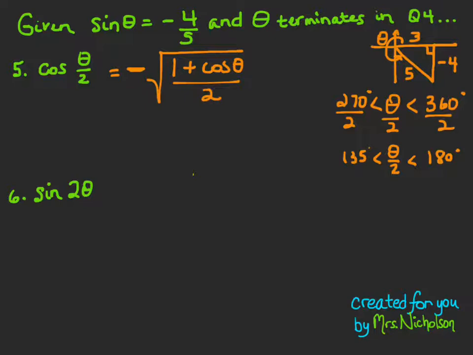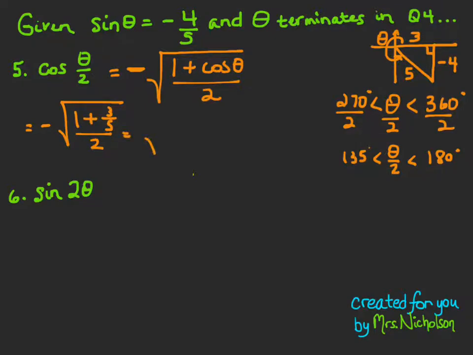And now I'm going to substitute in the value from our triangle. This is going to be equal to negative square root of 1 plus the cosine of theta. And if I look back at my triangle, I can see that cosine is 3 over 5, and then that's all over 2.